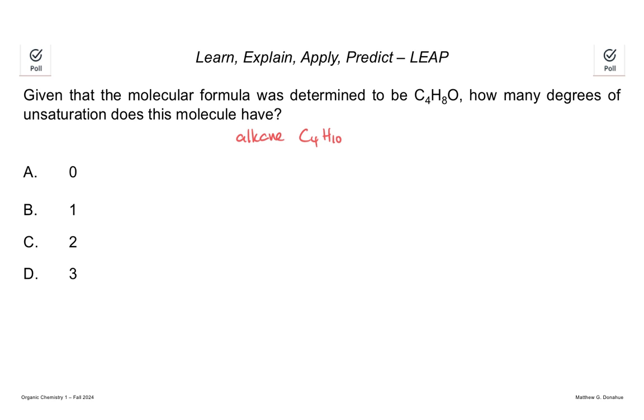So for n equals 4, there's a maximum of 10 hydrogens. That's the fully saturated alkane. We found C4H8. Remember that oxygen does not affect the hydrogen count. So that gets us to H2.